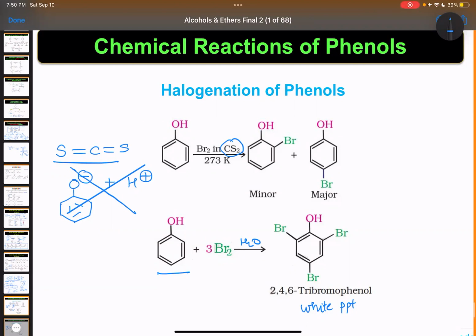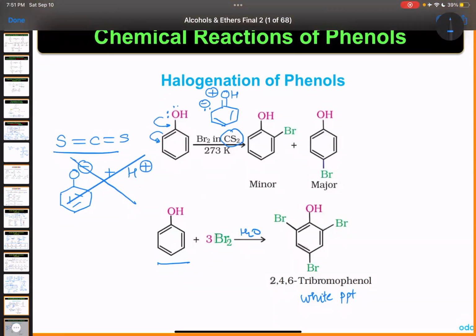So it will not entertain plus charge and minus charge. Okay. So phenol will remain phenol, and if it remains neutral, it is still electron donating, but not very much electron donating. Okay. It is like this. A minus charge will still circulate, but not to the extent to which it was circulating in phenoxide.